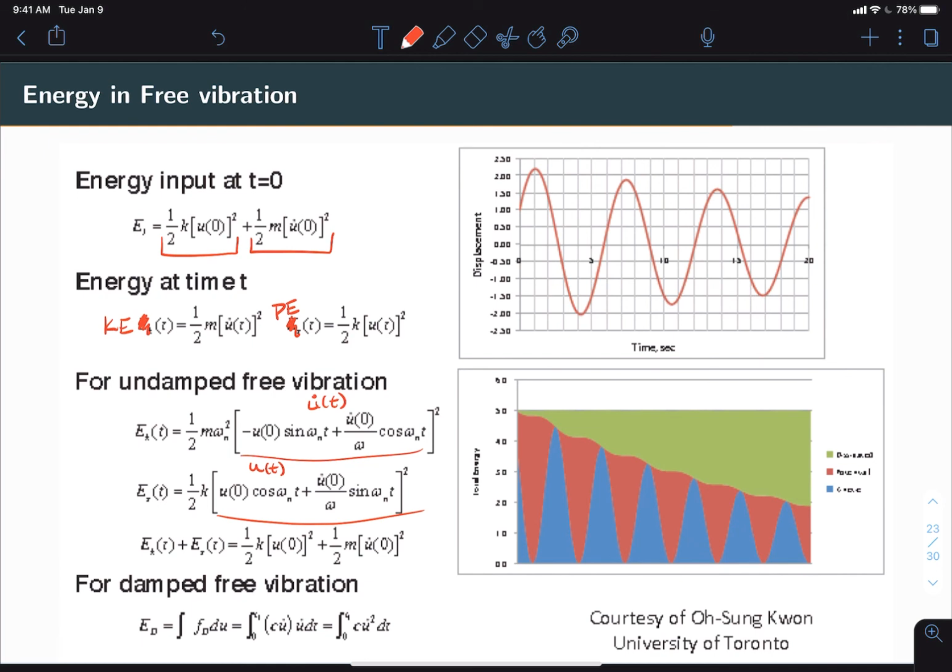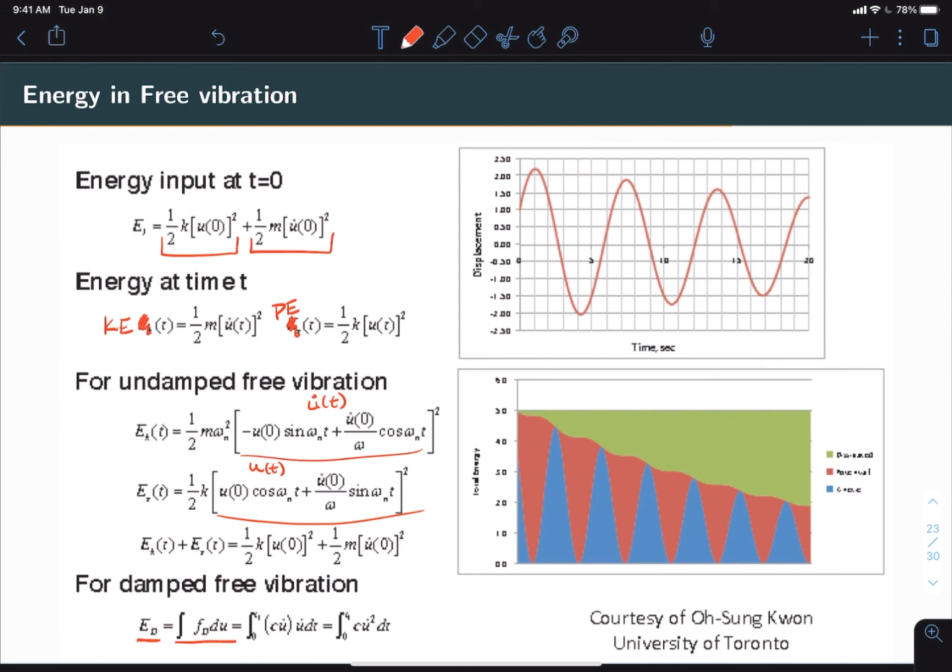When we introduce damping, we actually start to dissipate energy. So that condition is no longer preserved. In fact, as time goes on, we dissipate more and more energy. So damping energy is related to the integral of the force of the damping over displacement.